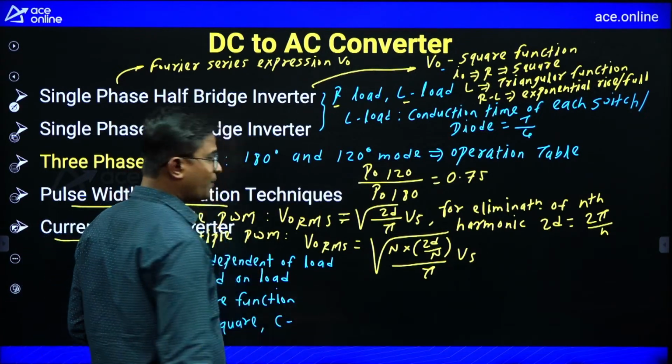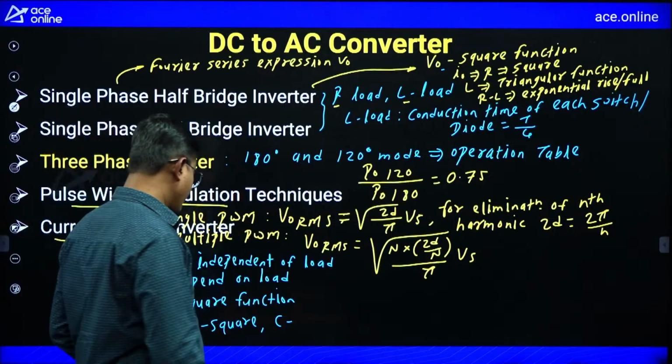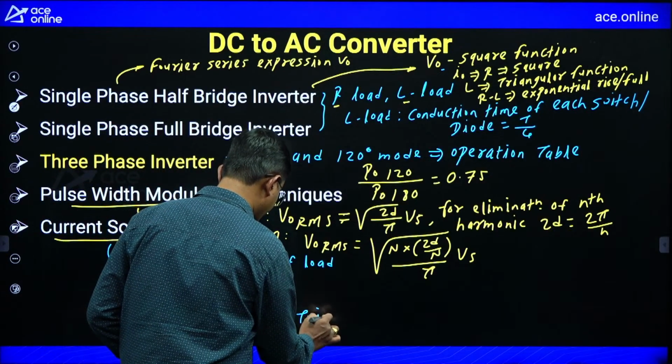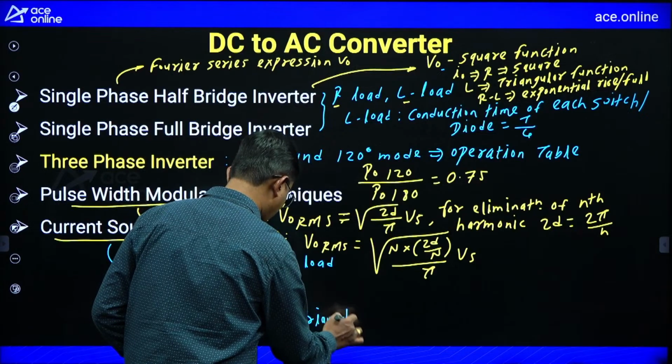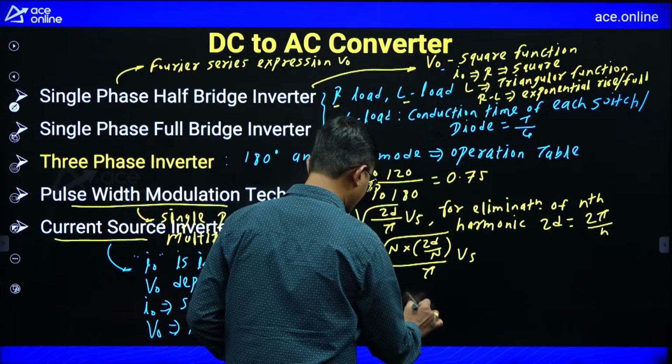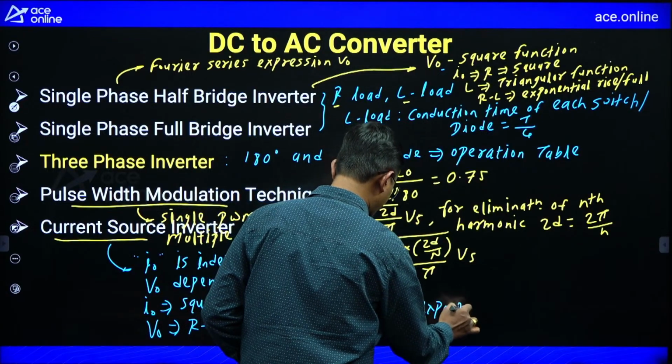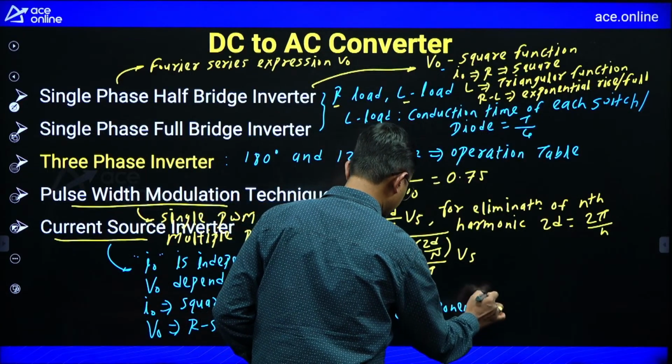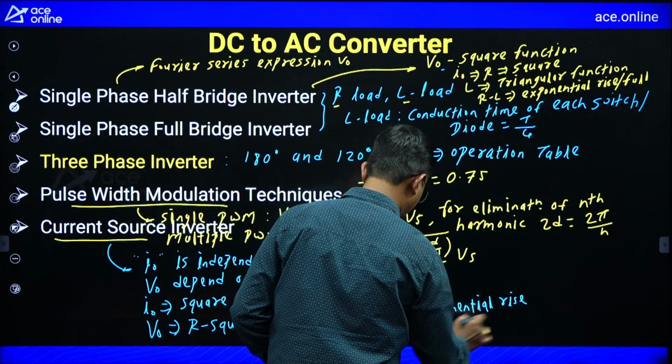For C load, a purely capacitive load, V0 is a triangular function. And for RC load, it is exponential rise and exponential fall.